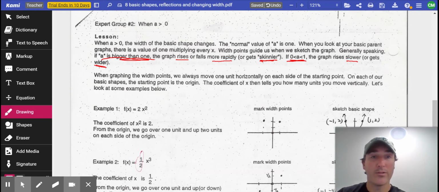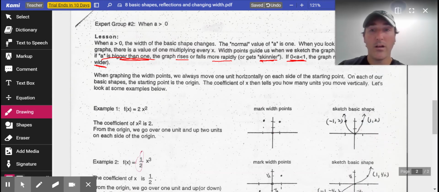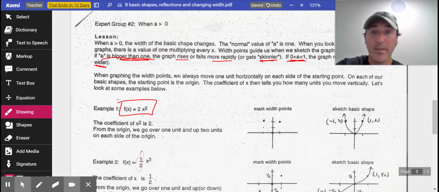So if I look at this example, we're going to get a parabola. You're still going to have this vertex right here. You can even see the a value too. It kind of acts as your slope.